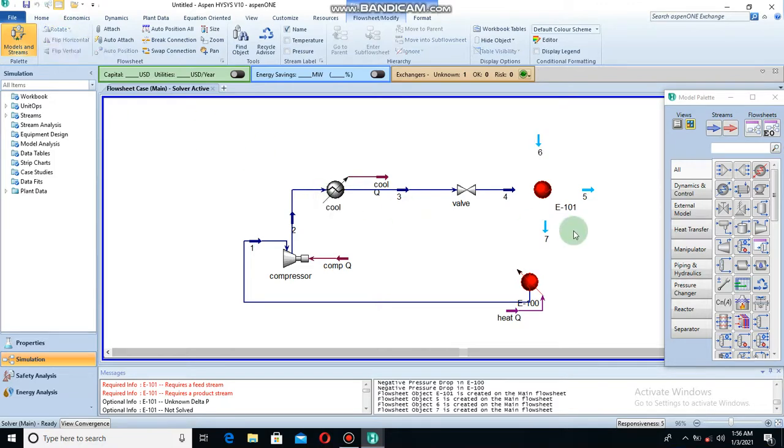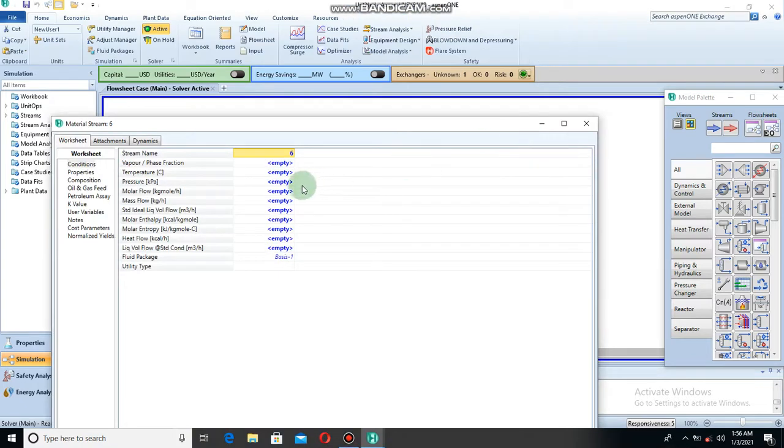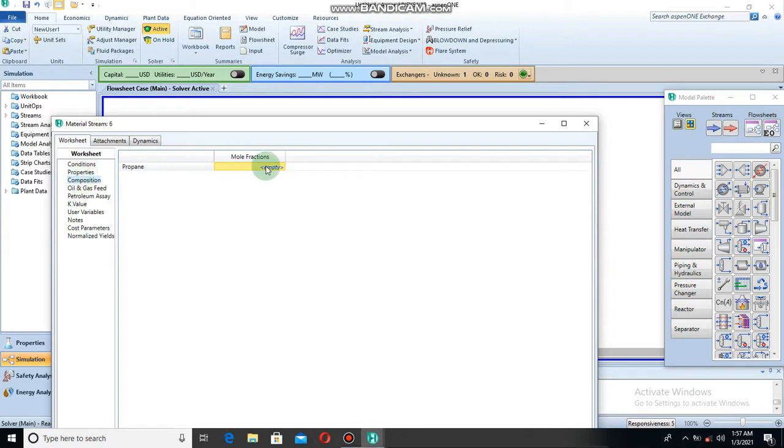Now back to the question. The question says the inlet of the shell side is in a vapor form and possesses 50 degrees centigrade of propane at a pressure of 300 kPa and a molar flow of 100, and it is a pure propane.